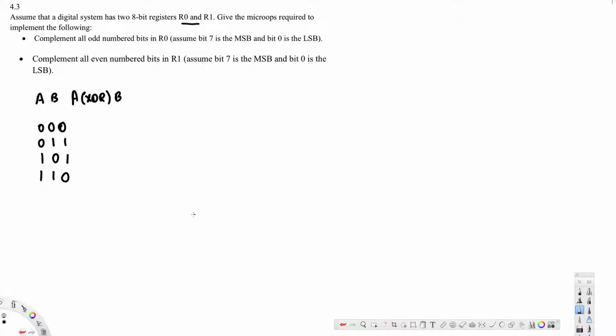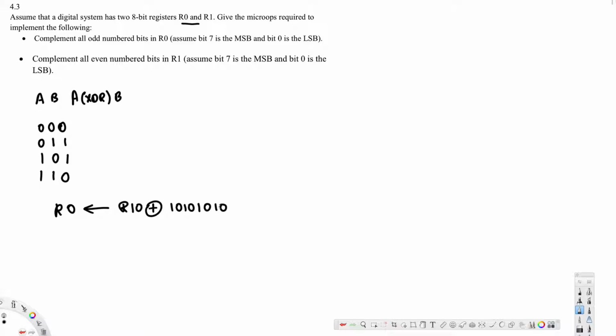So to complement the odd numbered bits in R0, we just have to do R0 coming from R0 XOR 1 0 1 0 1 0 1 0.